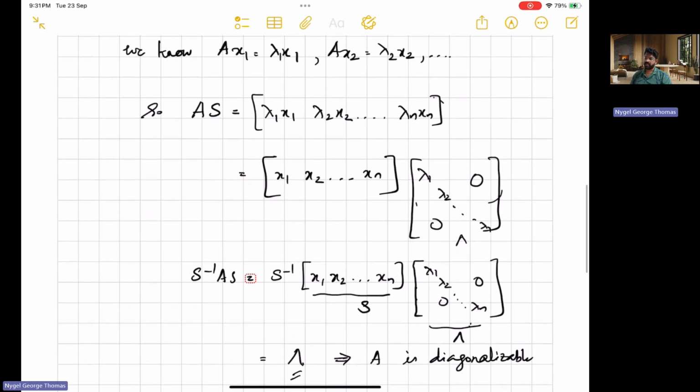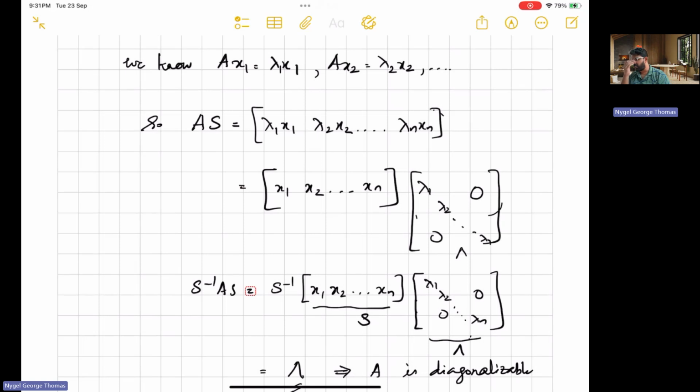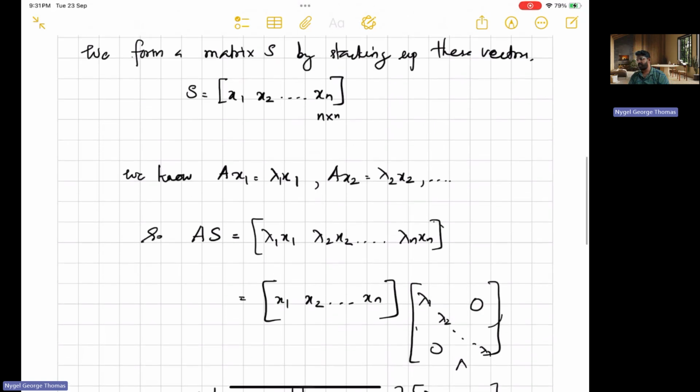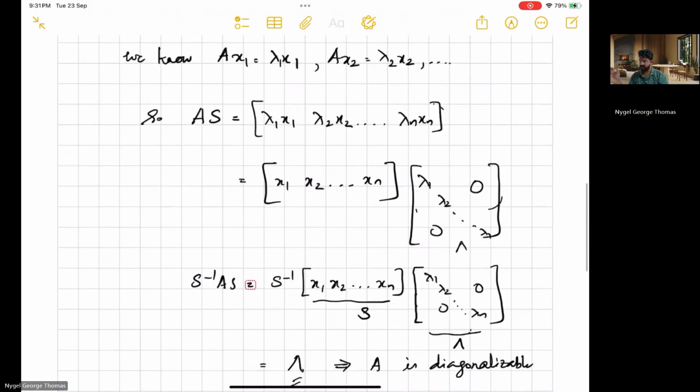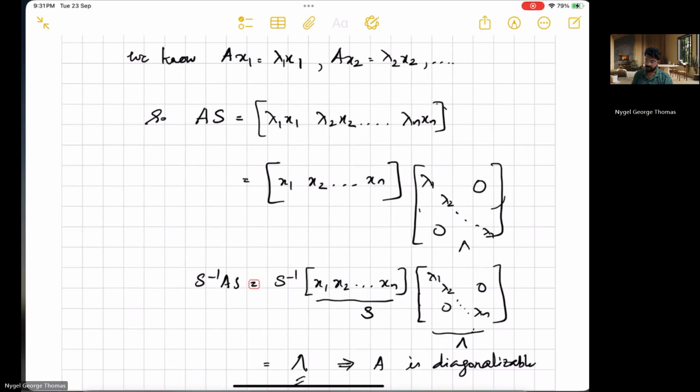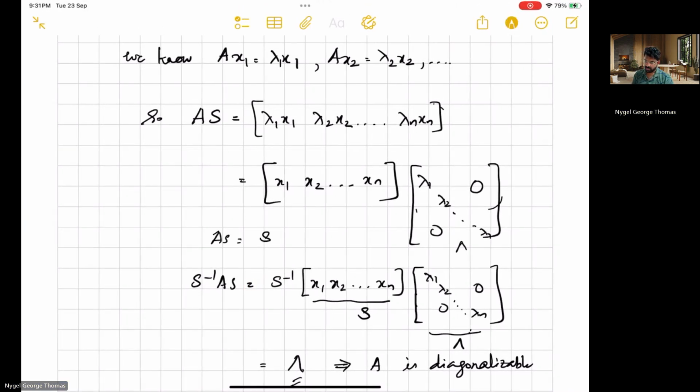So this is the if part. Let's once again see how the proof has been done. We stacked all the eigenvectors as a matrix S. Then we find A into S, which is S into lambda. So A into S is equal to S into lambda.